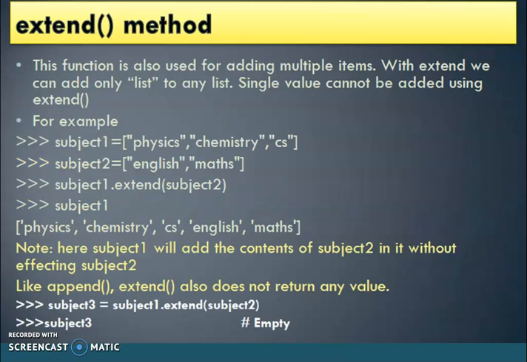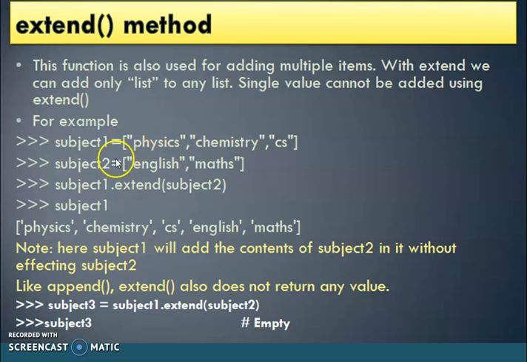Okay, children. Then next one, extend method. This function is used for adding multiple items. Append and extend are both used to add elements, but the extend method is used to add multiple items. The append method is used to add a single element. With the extend function you can add only a list to another list. A single value cannot be added using the extend function.